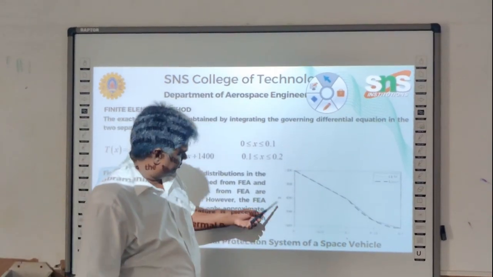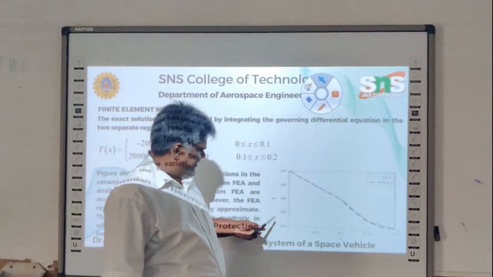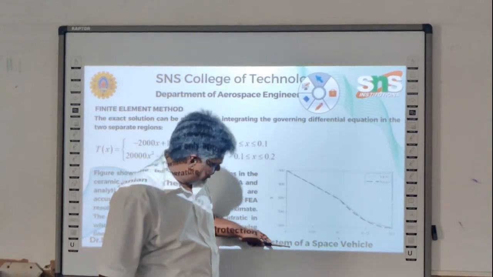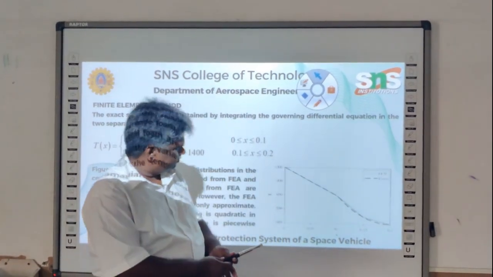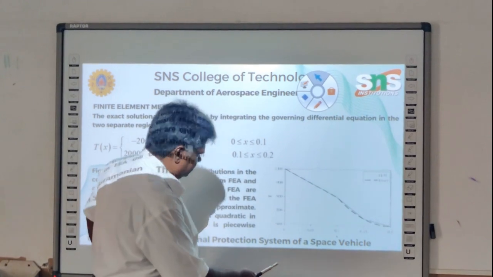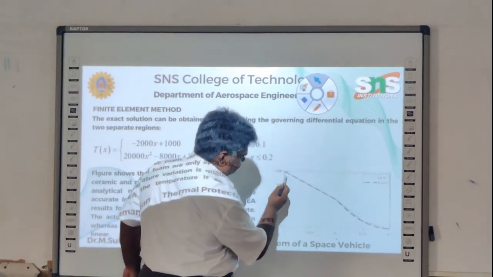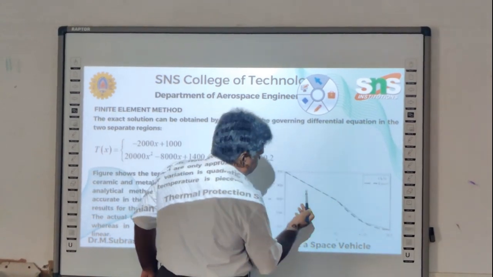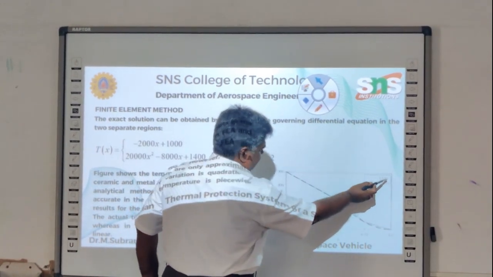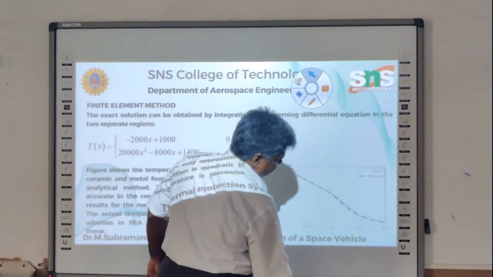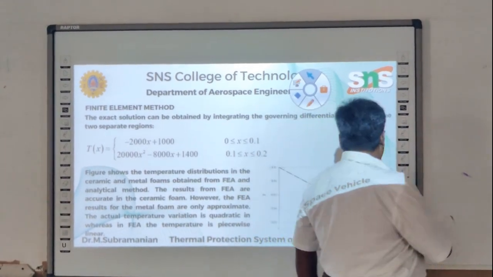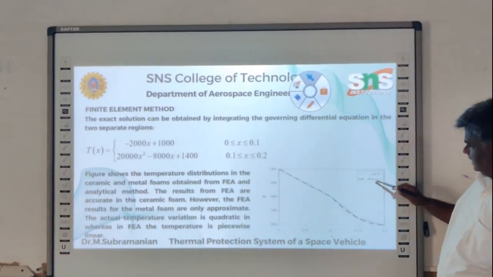The diagram shows the temperature distribution on the y-axis and your element length on the x-axis. You see that the thick line indicates the finite element solution. The dotted line is the exact solution.